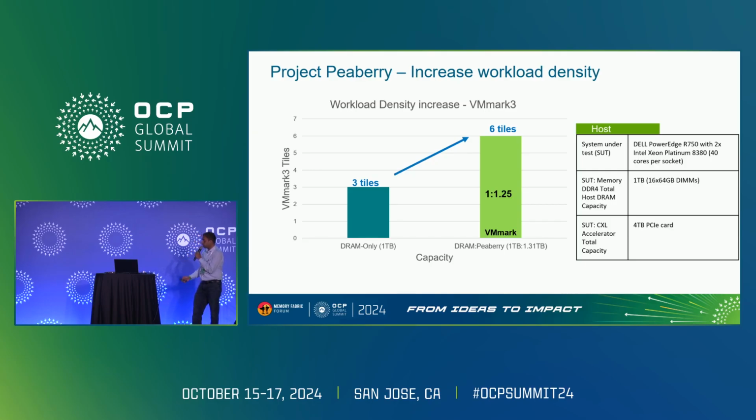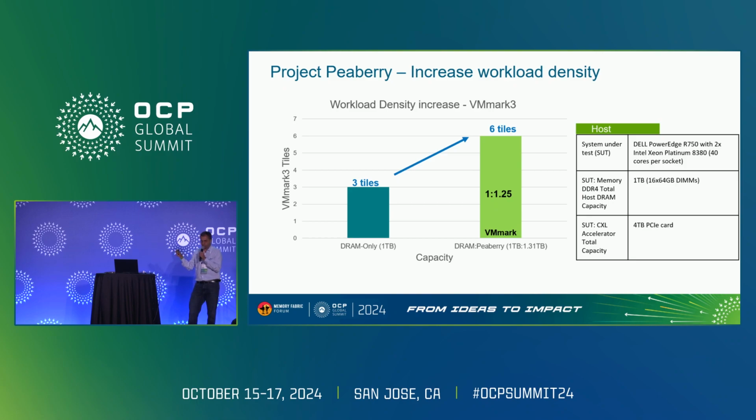Now let's look at some numbers, right? So basically, I don't know how many of you are familiar with a tile, right? A tile is a measure of a bundle of workloads. Today, a tile that we use for our standard VM benchmark represents 19 VMs running a variety of different workloads.